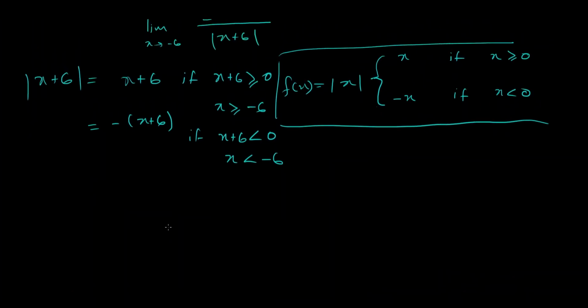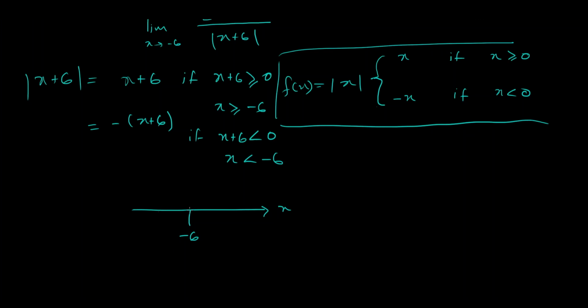So here, suppose this is the x axis and here is minus 6. Now we are going to use the left hand limit and right hand limit to solve this question.